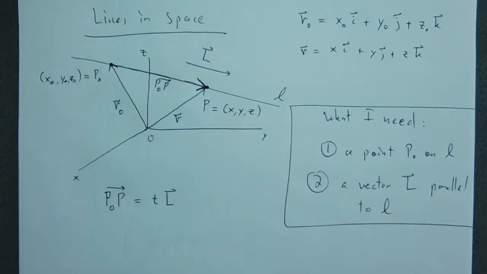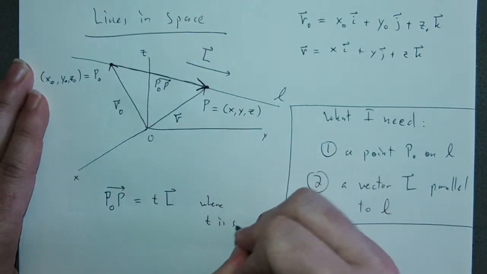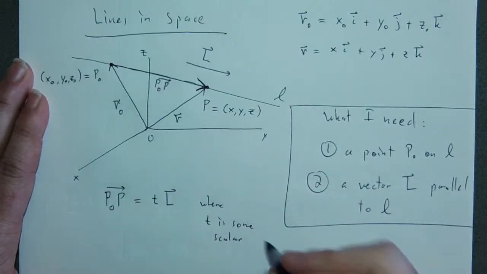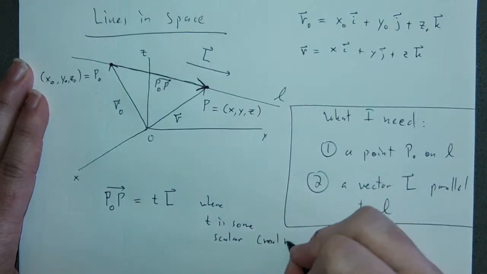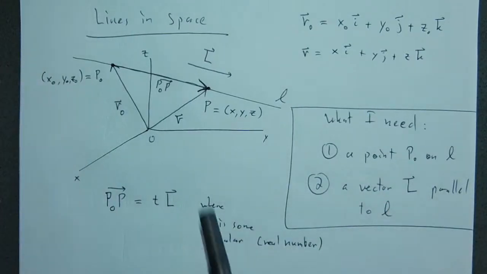So it is TL, where T is some scalar. Remember, a scalar is a real number. Now, the reason I'm stressing that here is the following. How am I thinking about this?